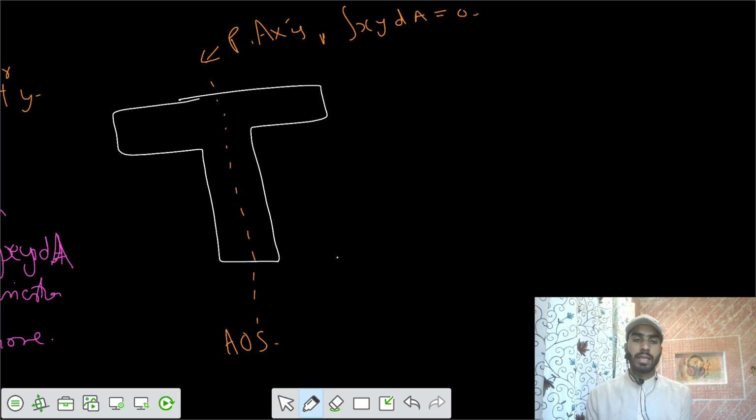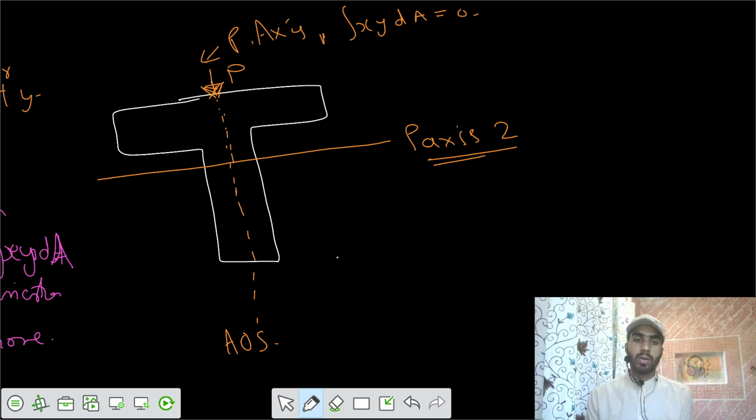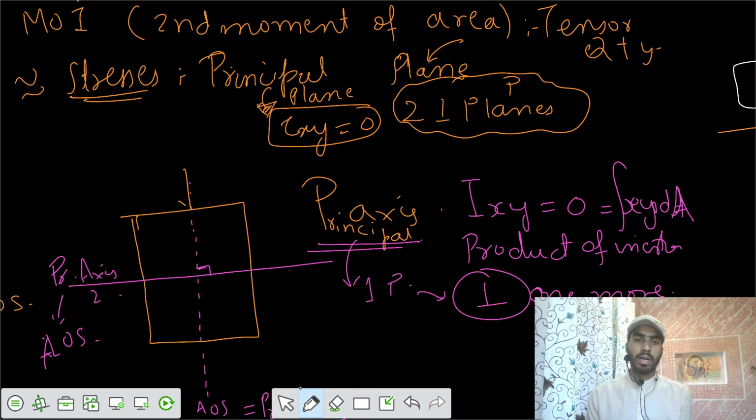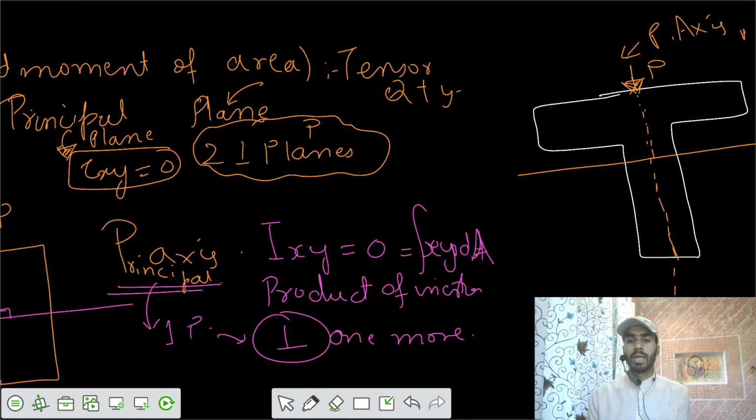One more principal axis would be there, making an angle of 90 degrees. So there will be one more, principal axis 2. If the load passes along the axis of symmetry, we say that it is a symmetric bending. Similarly, if your load passes this point, we say that we have a principal axis, and that's called symmetric bending.